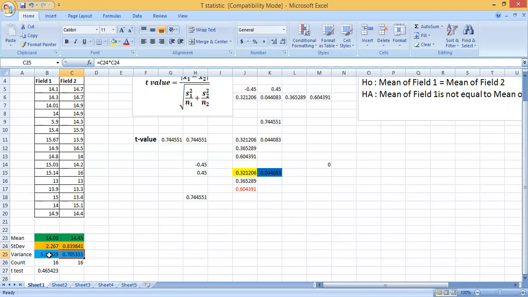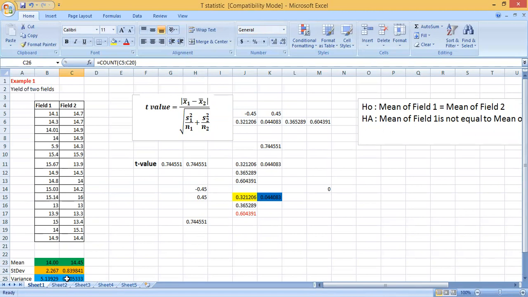Now the variance. You know the variance is the square of the standard deviation, so again we multiply this. So this is the variance, and now again the variance of field 2, this multiplied with this. So this is the calculated part.